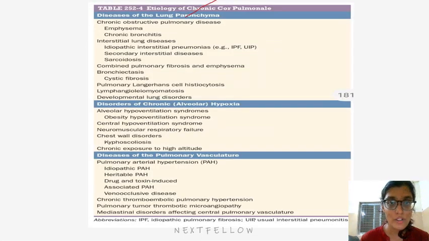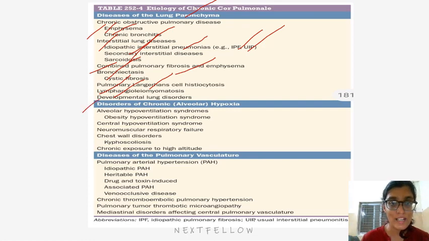Etiology of chronic cor pulmonale. Diseases of the lung parenchyma: COPD like emphysema and chronic bronchitis; interstitial lung disease like idiopathic interstitial pulmonary pneumonias like IPF and UIP; secondary interstitial diseases, sarcoidosis, combined pulmonary fibrosis and emphysema, bronchiectasis, cystic fibrosis, pulmonary Langerhans cell histiocytosis, lymphangioleiomyomatosis, developmental lung disorders.